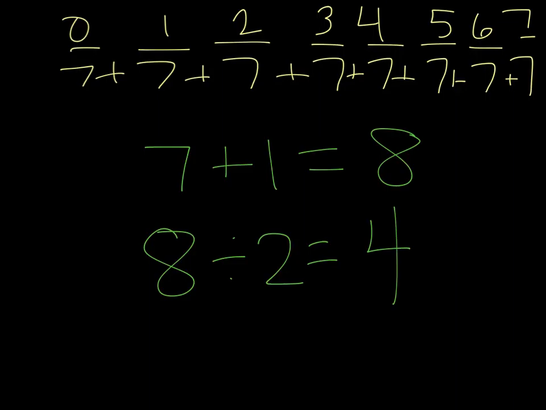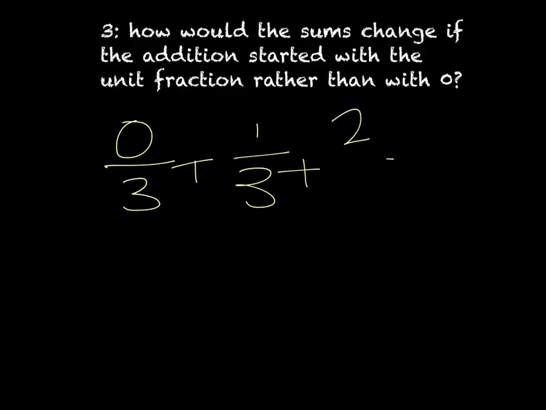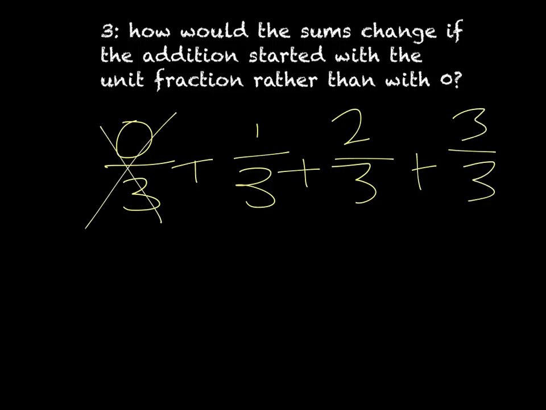The next question asks, how would the sums change if the addition started with a unit fraction rather than with 0? So for example, instead of starting with 0/3 plus 1/3 plus 2/3 plus 3/3, it would take the 0/3 out and start with the unit fraction of just 1/3.